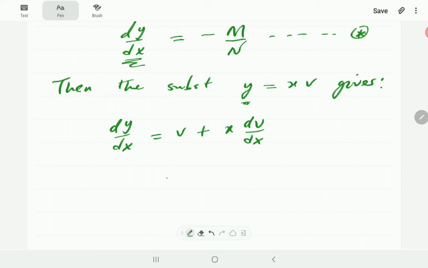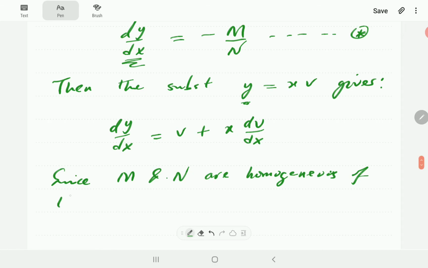So let's say, since M and N are homogeneous of the same degree, we're going to assume that degree is n.